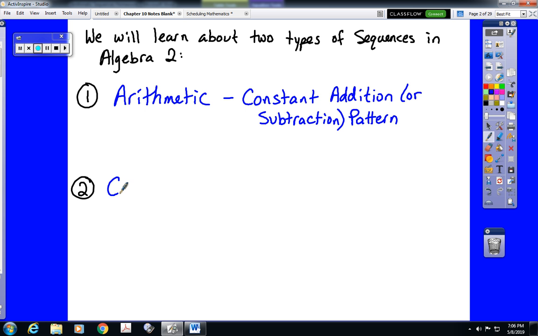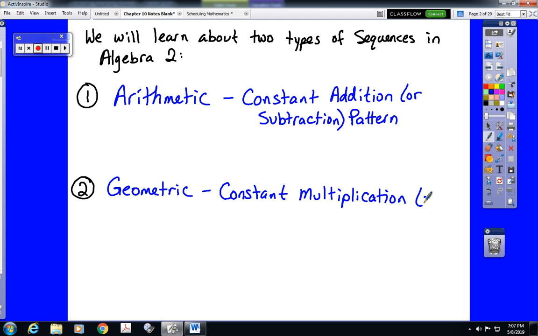The other type that we will talk about in this class is geometric, which has a constant multiplication pattern. Multiplication would also fit the bill for division, because division is just multiplying by a fraction.